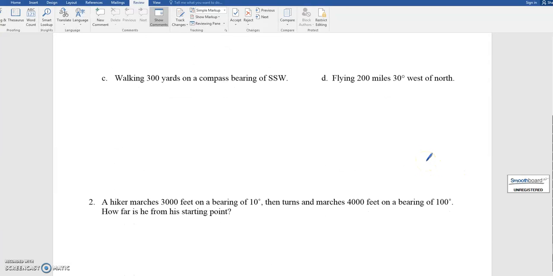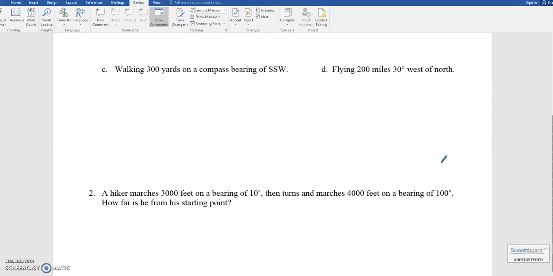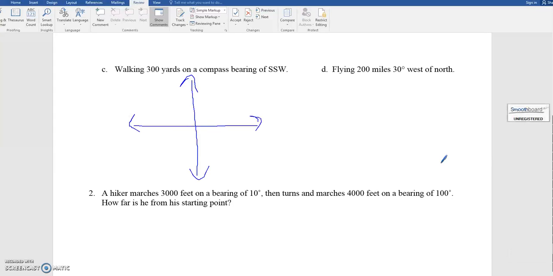Okay, part C. We're walking 300 yards on a compass bearing of south-southwest. Don't use this one that much, but I still think it's useful to go over. So if you have your general compass headings, we have north, we have south, we have west, we have east.